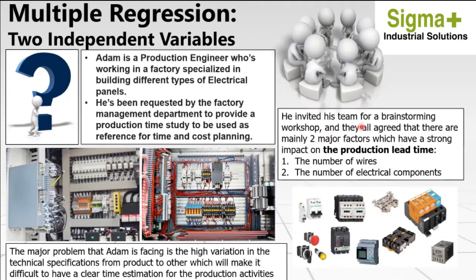Adam invited his team for a brainstorming workshop, and they all agreed that there are two major factors which have a strong impact on the production lead time: the number of wires, which can be found in the schematic diagram in the tables of the wiring termination, and the number of electrical components.